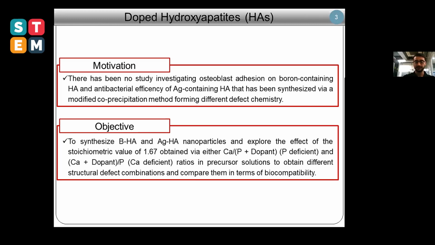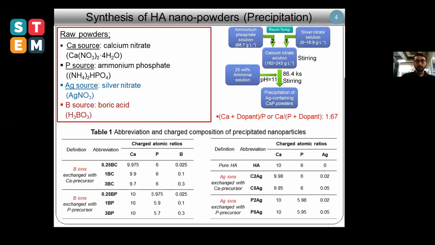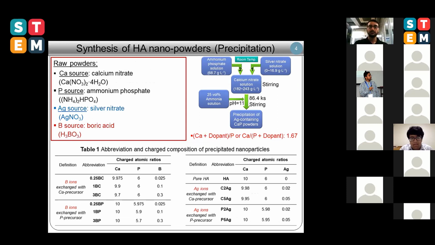For the synthesis of hydroxyapatite powder, we follow the precipitation method. On the left side are the raw powders: calcium and phosphate sources, silver nitrate as the silver source, and boric acid as the boron source. On the right side you can see the flow chart of the precipitation method, mixing the precursor solutions with a whole day of stirring, and then precipitating the nanoparticles.